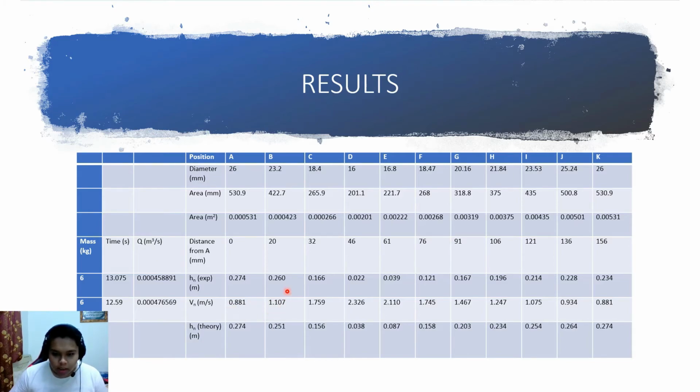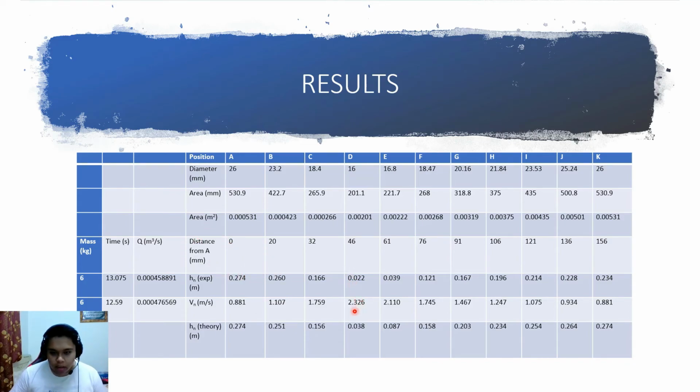So when the velocity is increasing, the pressure of the water decreases. So the atmospheric pressure will be relatively greater than the previous hydrostatic pressure. So we can see a trend of decreasing water level.